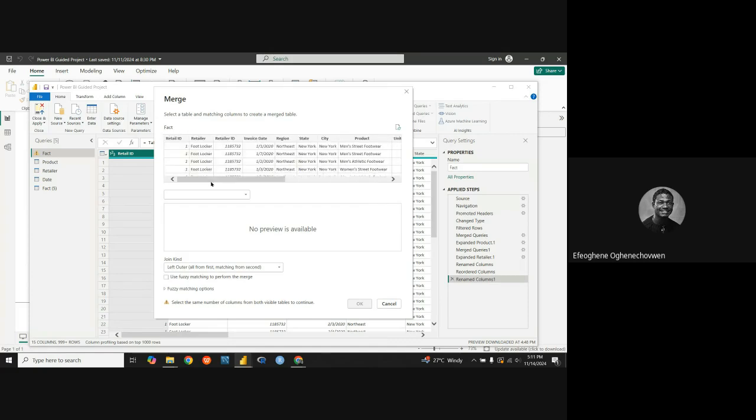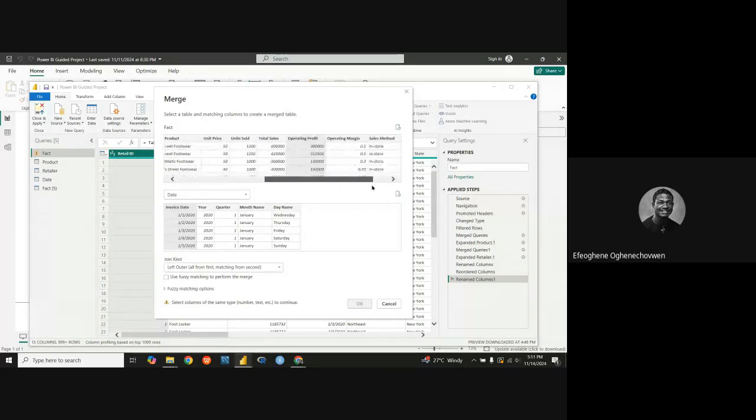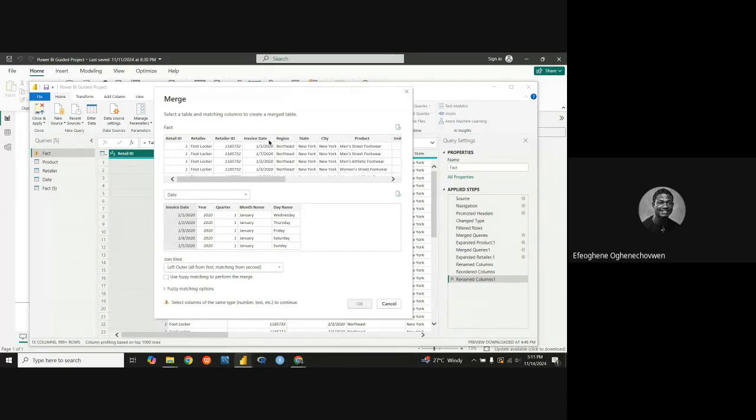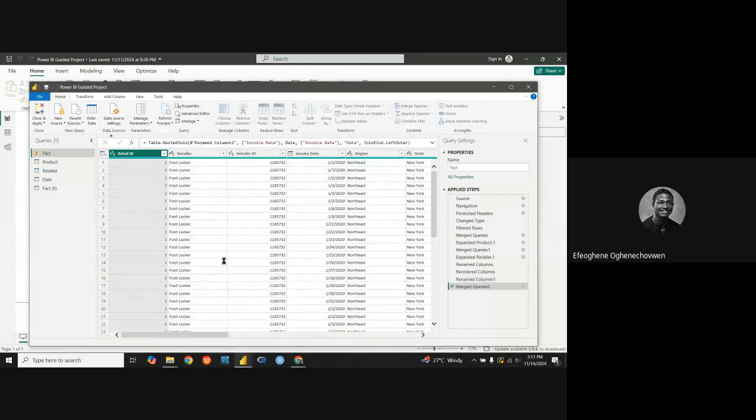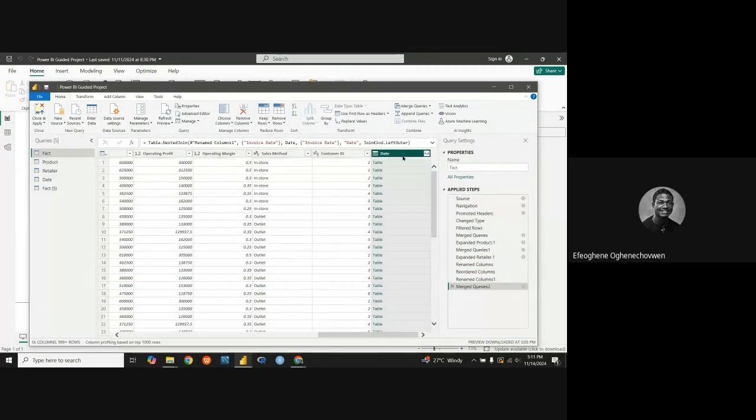Okay. So now the unique key here I want to link up with is my date table, and I want to link it to my invoice date, to my invoice date. All right, so you can see it has matched. If this doesn't tick green, you might have to resolve it. So I click on OK. All right, so I've created a link between the foreign key and the primary key.